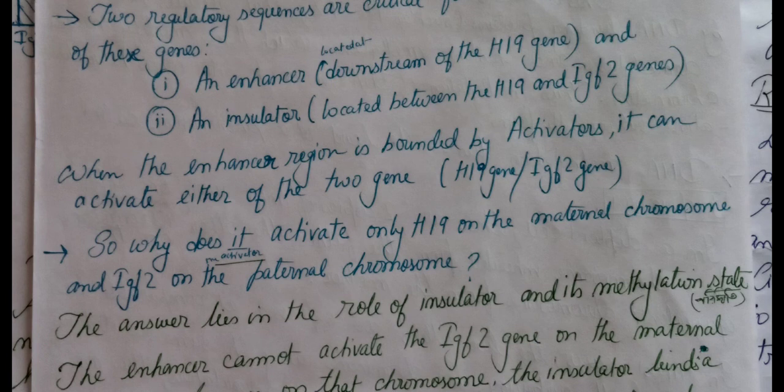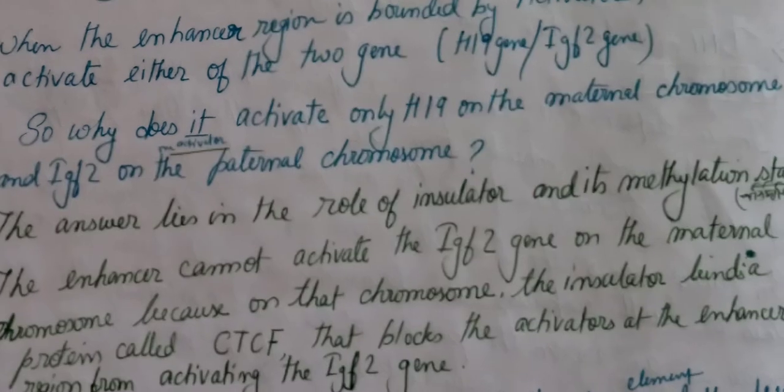Why does it activate only H19 on the maternal chromosome, and only IGF2 on the paternal chromosome? Why does it not activate H19 on the paternal chromosome, or the IGF2 gene on the maternal chromosome? The answer lies in the role of the insulator.